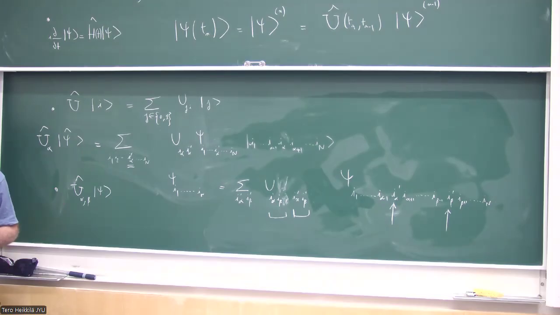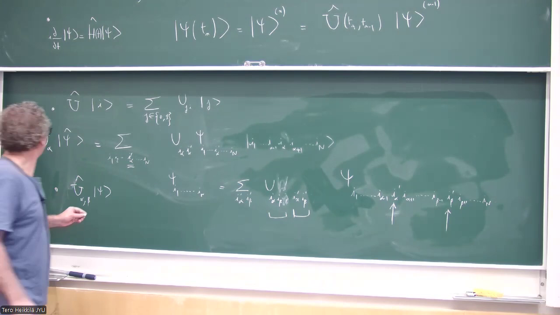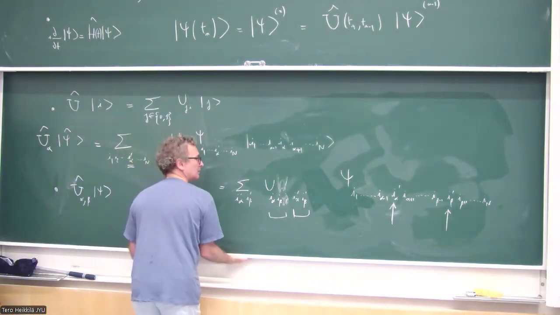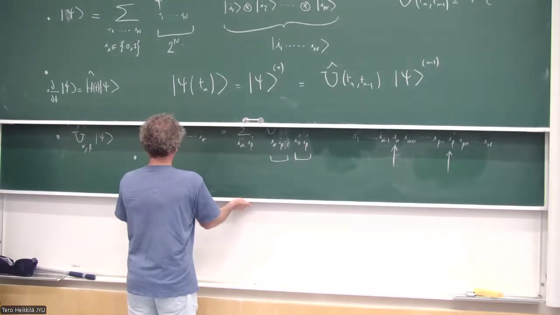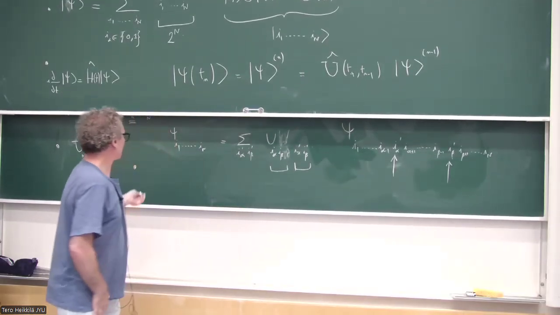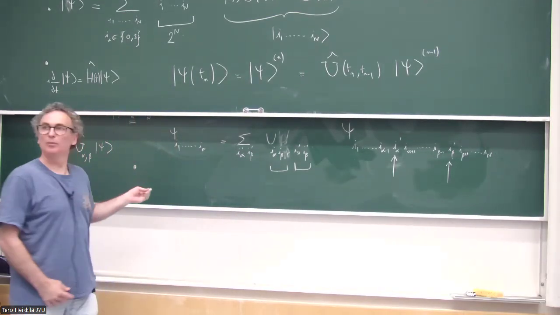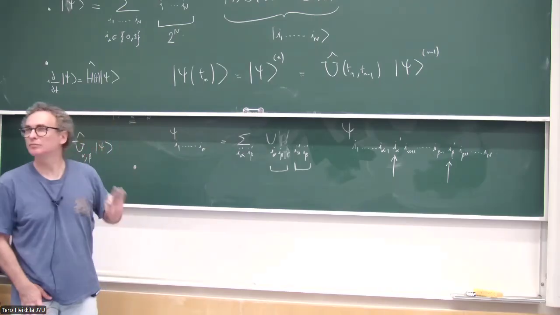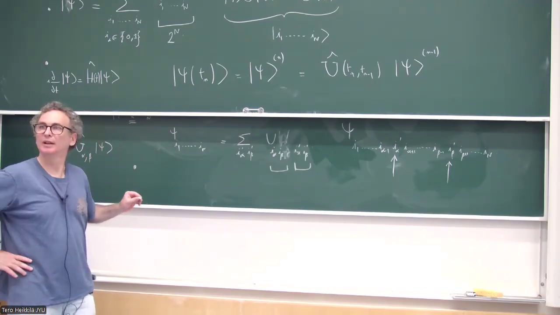We need to define one last thing, which is measurement. So measurement. Well, when you measure a qubit, let's say qubit 1, it's the same if you measure something else.